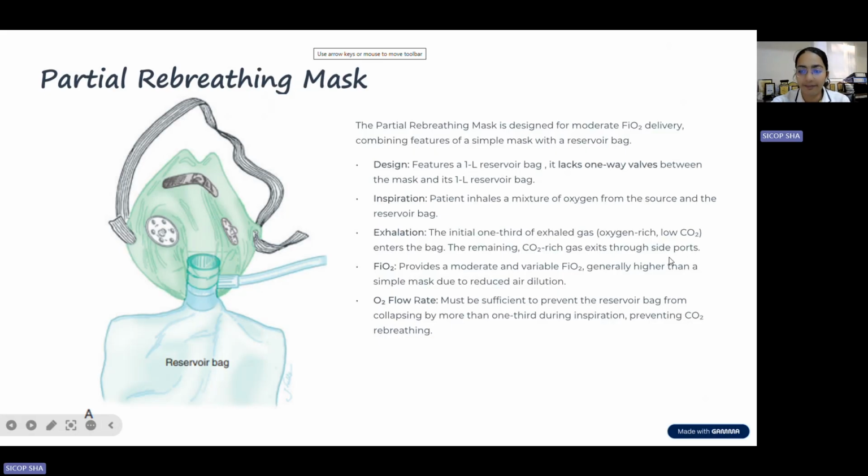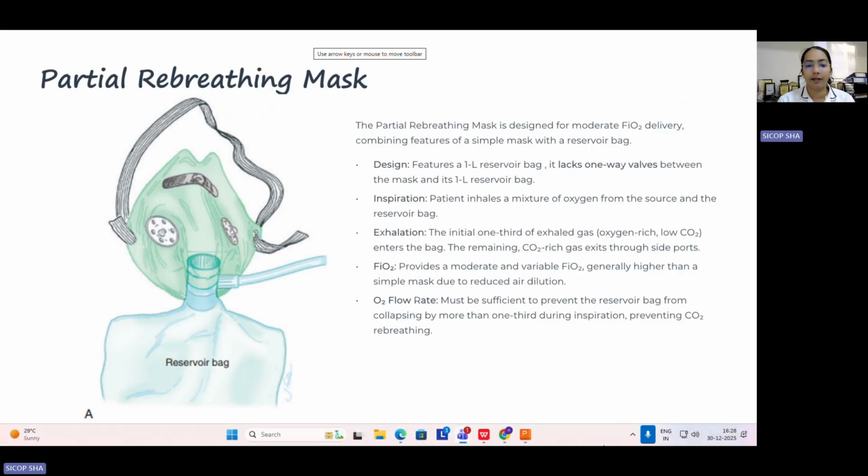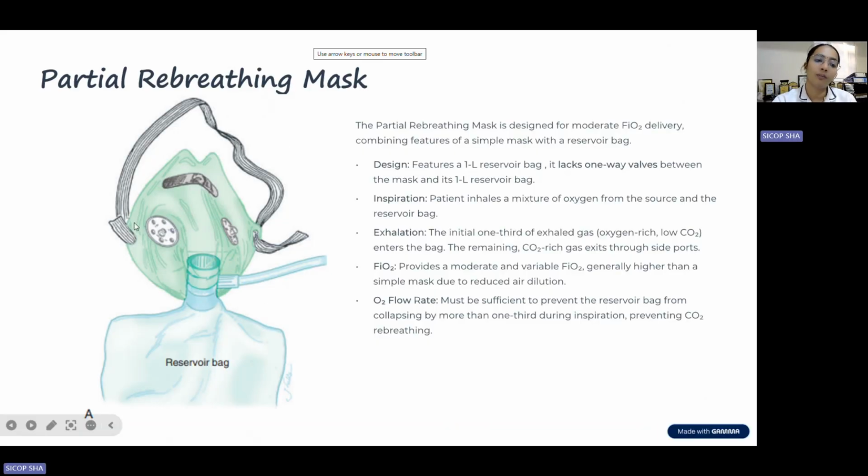FiO2 is moderate and variable, and the oxygen flow rate must be sufficient to prevent the reservoir bag from collapsing by more than one third during inspiration. So the flow rate needs to be a little high, usually around 8 to 10 or more. The problem with this is that some of the exhaled air also enters the reservoir bag.